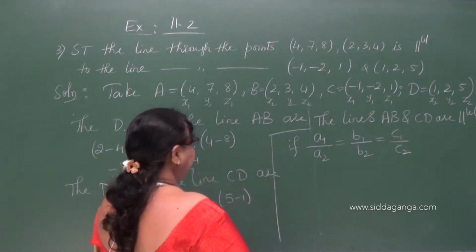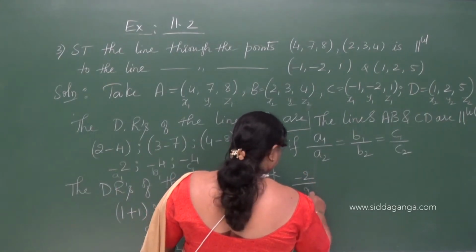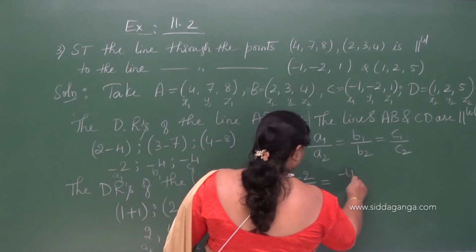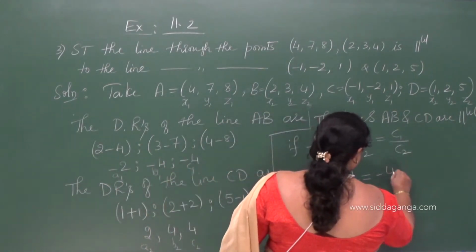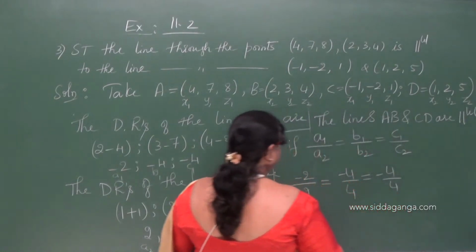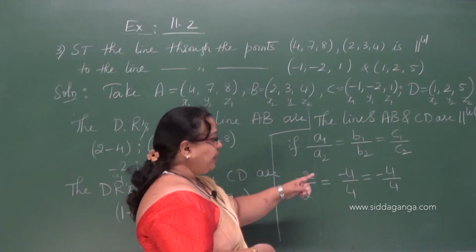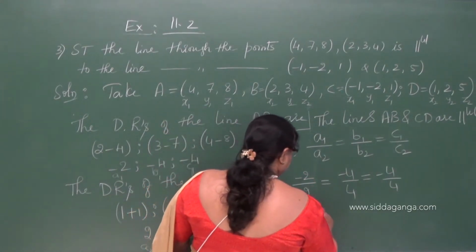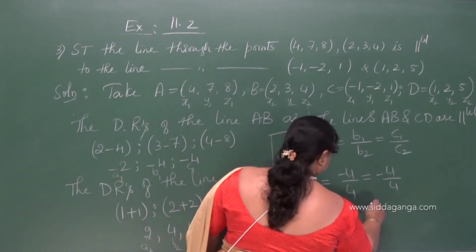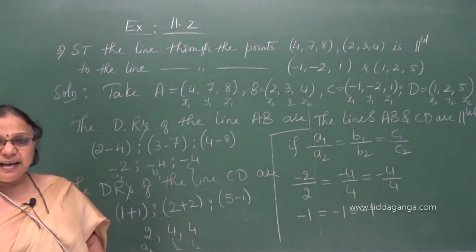Now A1 is minus 2 divided by plus 2 equal to minus 4 divided by 4 equal to minus 4 divided by 4. That means we get minus 1 equal to minus 1 equal to minus 1. So it means that the given lines are parallel.